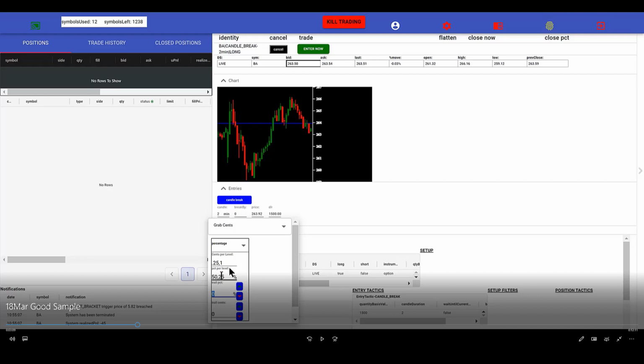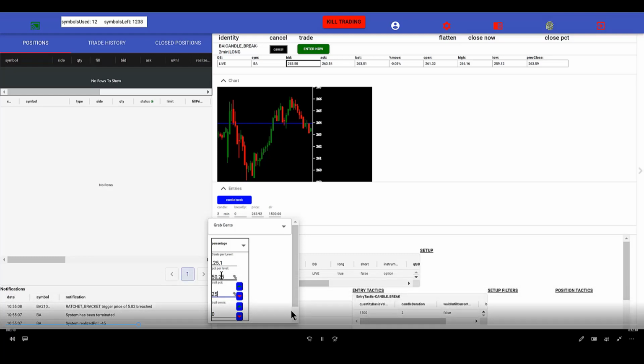And that's what this is setting up. And then I can also add in a trail percent as well as how many cents to trail that by. So I put in 25%, and I'm pretty sure I put in 30 cents here. Yeah. So now we're adding that tactic. So I've removed the ratchet brackets and I've added the grab cents.